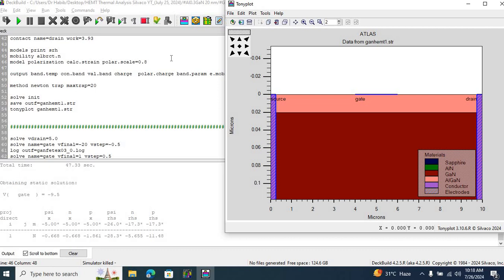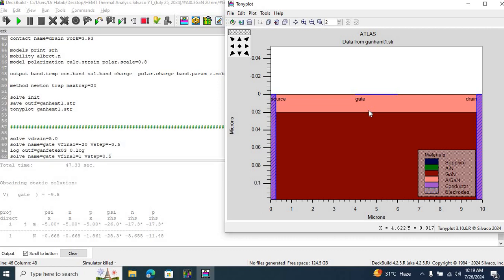HEMTs make use of high mobility electrons generated using this heterojunction, which is created by the aluminum gallium nitride and gallium nitride layers, resulting in a quantum well. These electrons can move quickly without colliding with any impurities, and these electrons cannot escape from this quantum well.